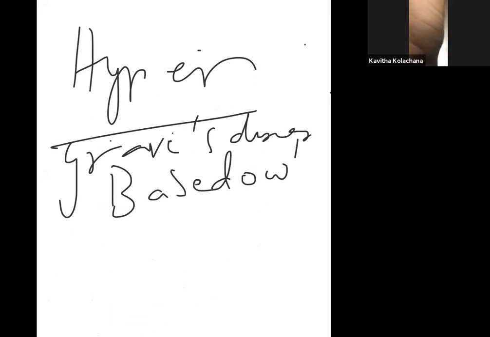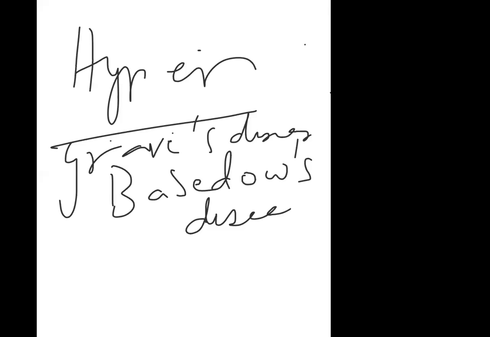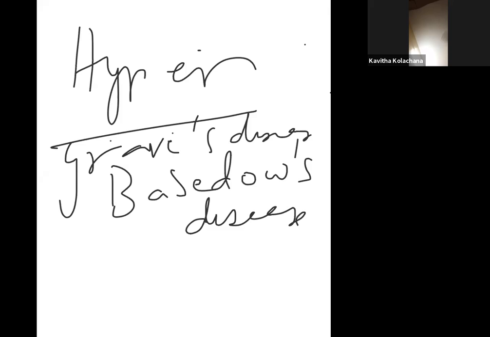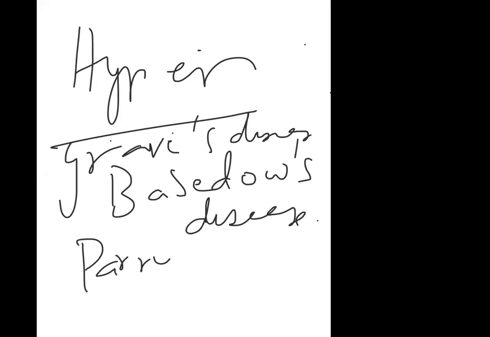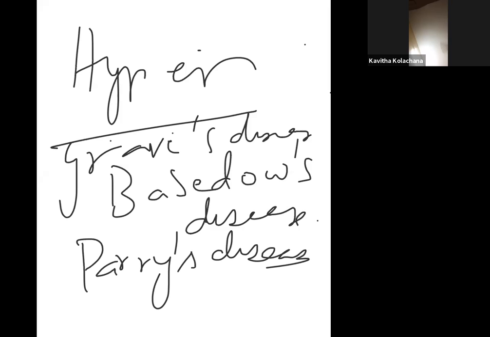It is called Graves' disease or Basedow's disease, also called Parry's disease. All are the same. Exophthalmic goiter is caused by oversecretion.